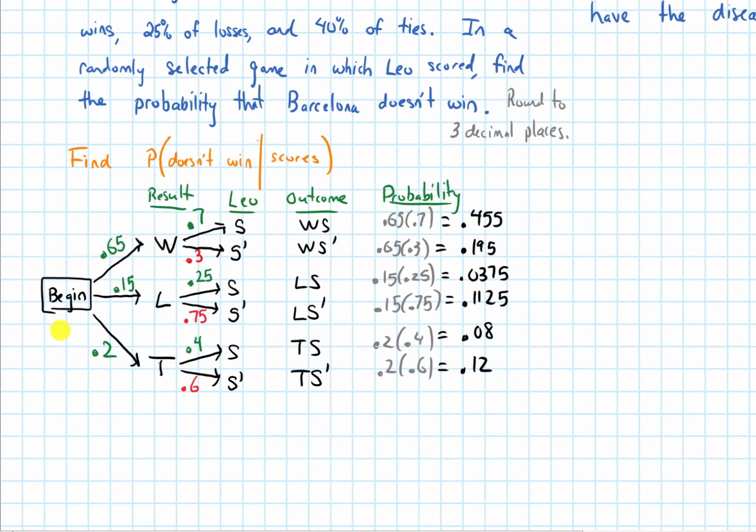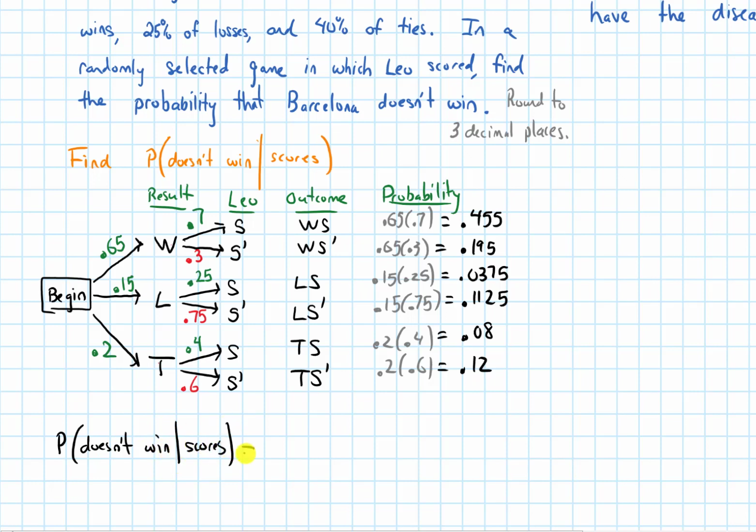Alrighty, so we are ready at this point to try to find the probability that he doesn't win, given that he scores. So using my formula for conditional probability, the numerator is going to be a probability of the intersection of two things, so that he doesn't win, intersected with the event that he scores.